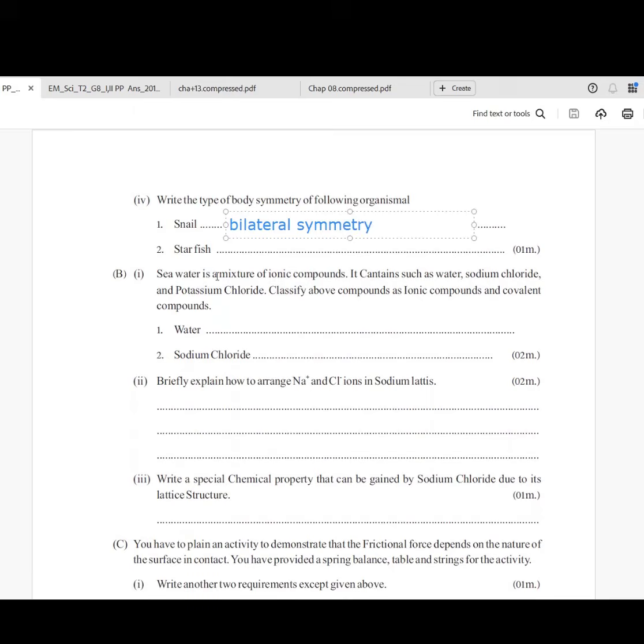Starfish: pentaradial symmetry. There are 5 axes along which we can divide them into 2 similar parts. That's why we call them pentaradial symmetrical animals.